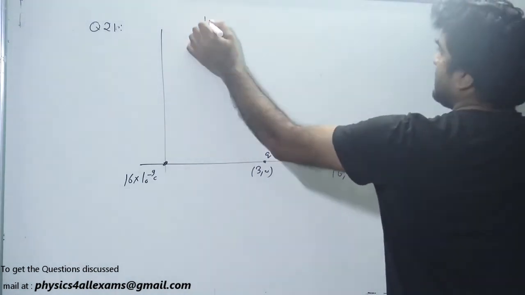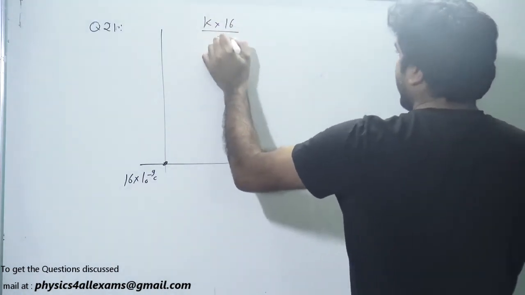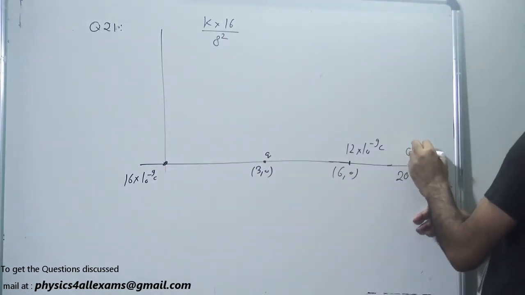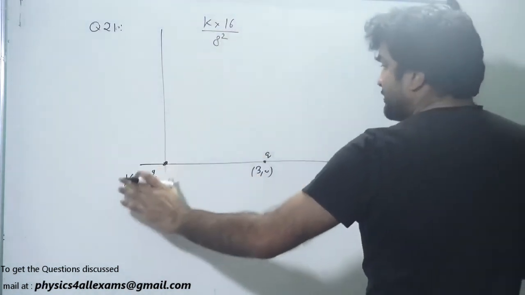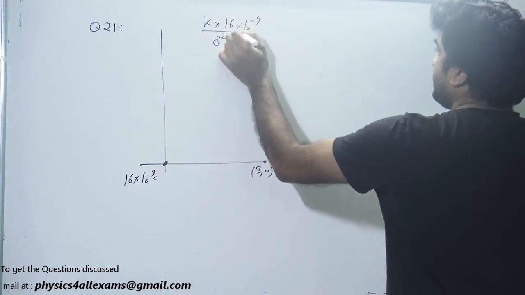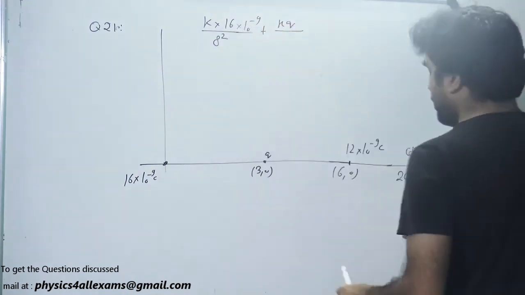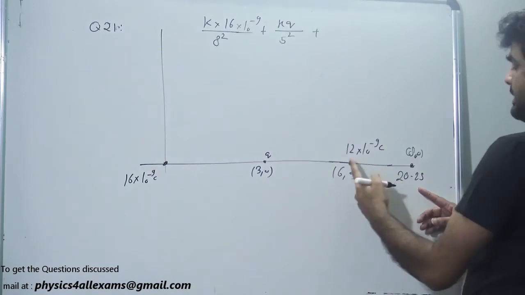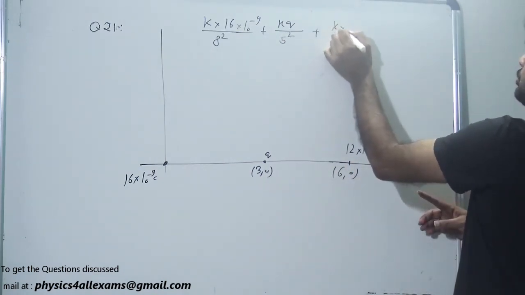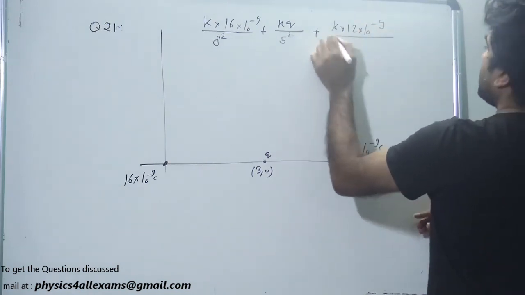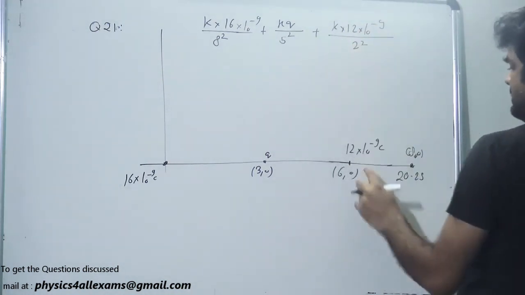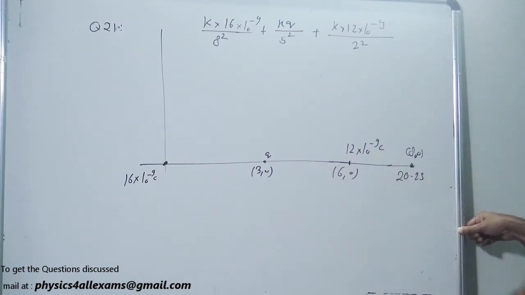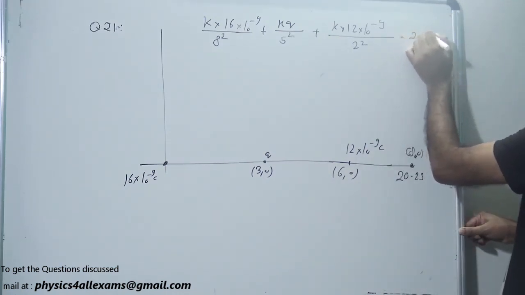So k into 16 × 10⁻⁹ upon 8², the distance between these two points is 8, this coordinate is 80, plus this is the electric field created by this charge, k into q upon the distance between them, 5², plus the distance between them is 2, k into 12 × 10⁻⁹ upon 2², and this whole value is given to be 20.25 in SI units.